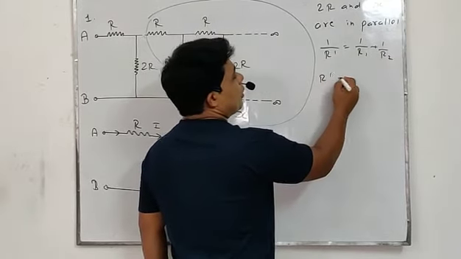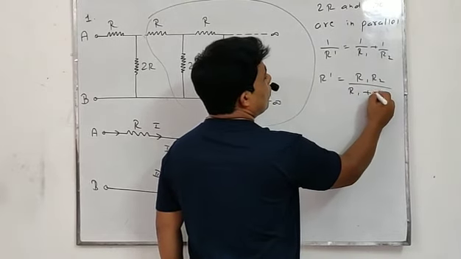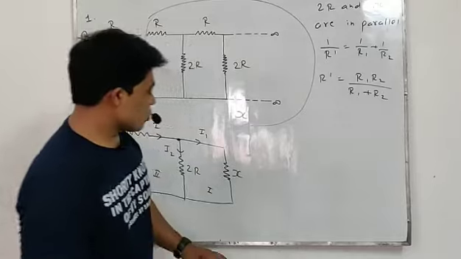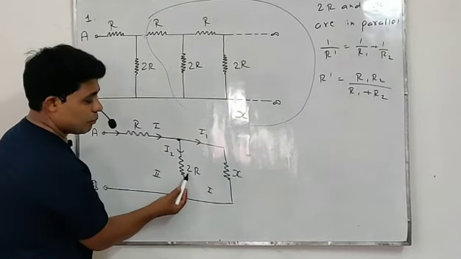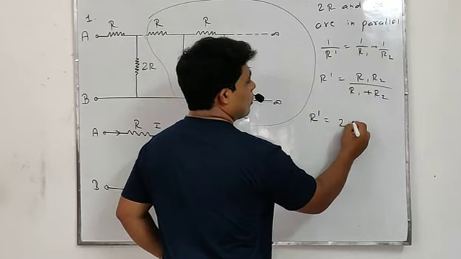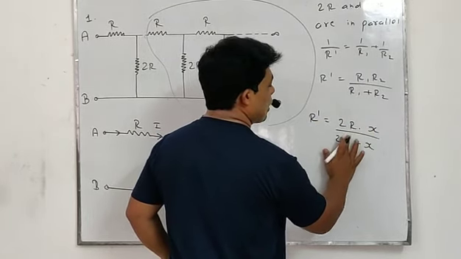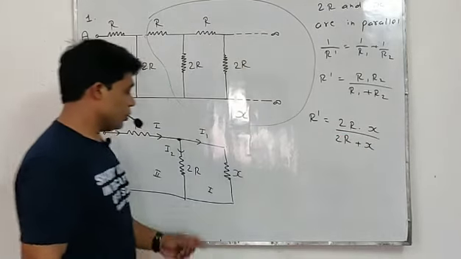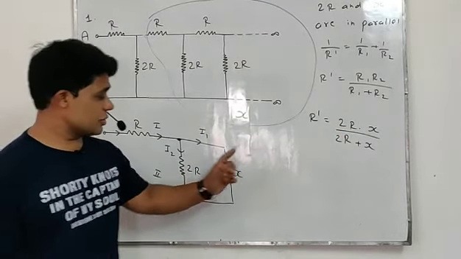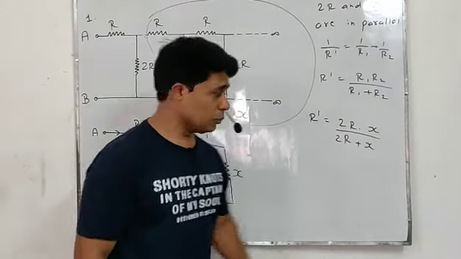On taking LCM, it becomes R1 R2 upon R1 plus R2. So look students, R1 is X and R2 is 2R. Using this formula, we get 2R into X upon 2R plus X.